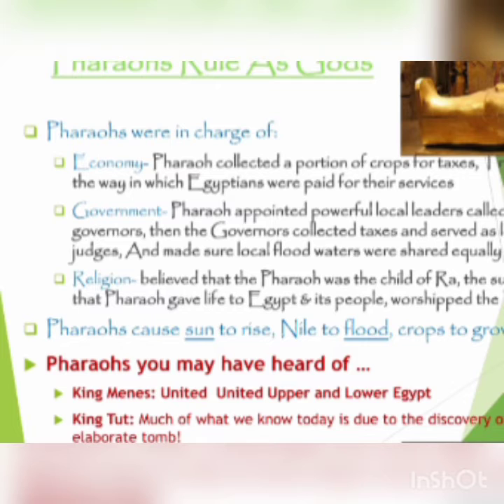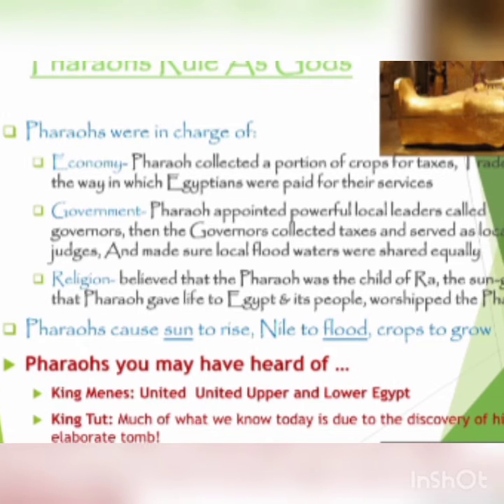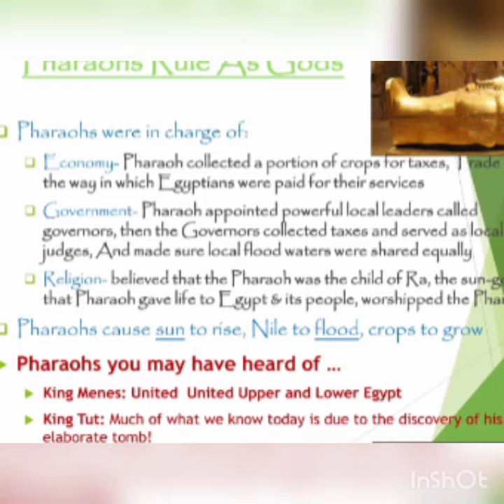So Tamil Nadu and Karnataka have disputes. Likewise, these governors were appointed to handle disputes. If they had any disputes in the distribution of water, these governors were in charge of solving those disputes.